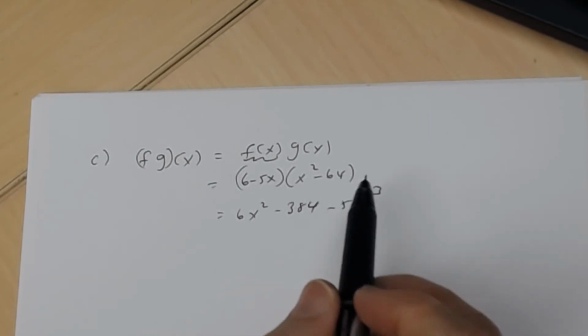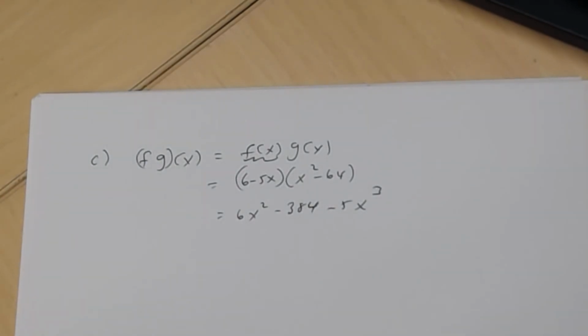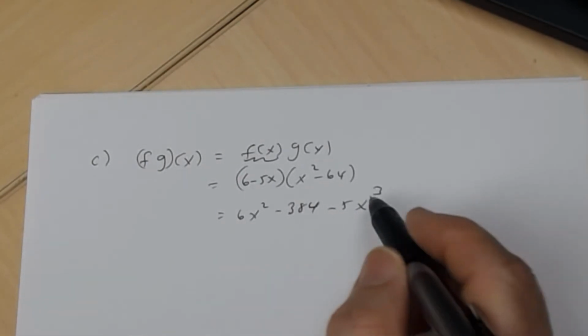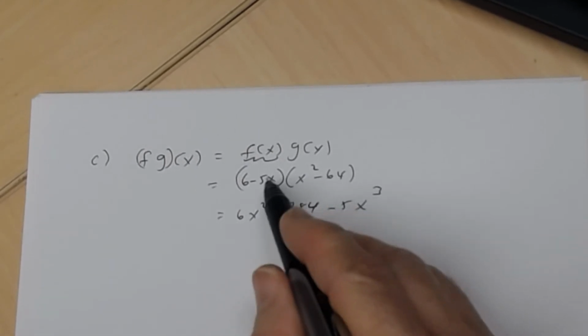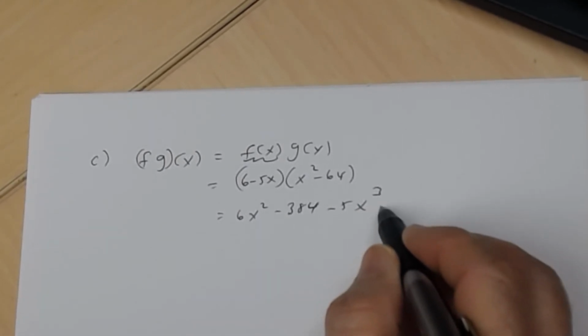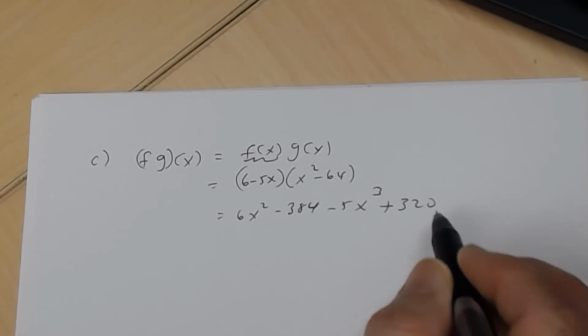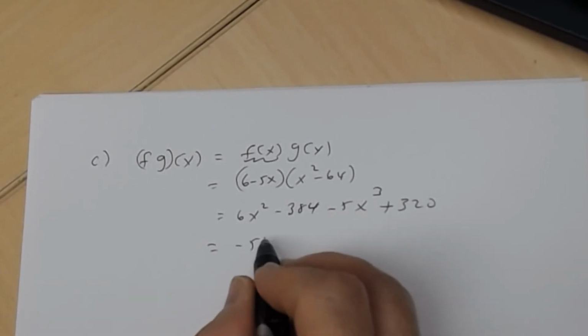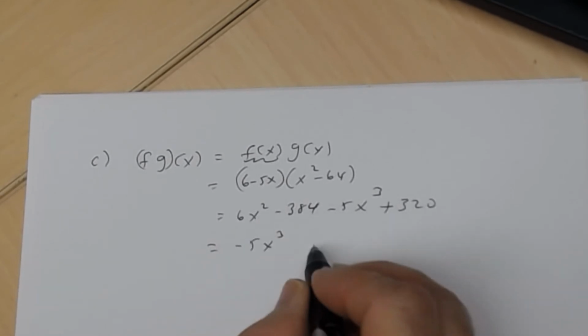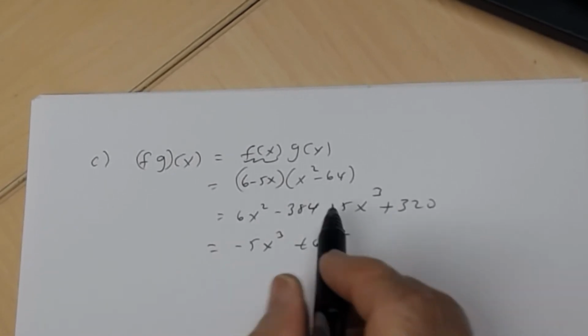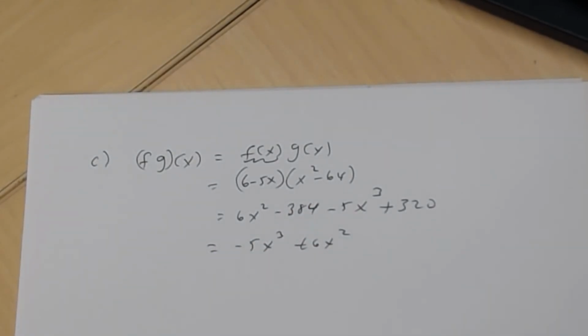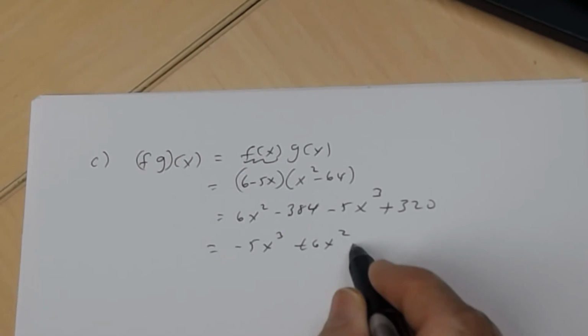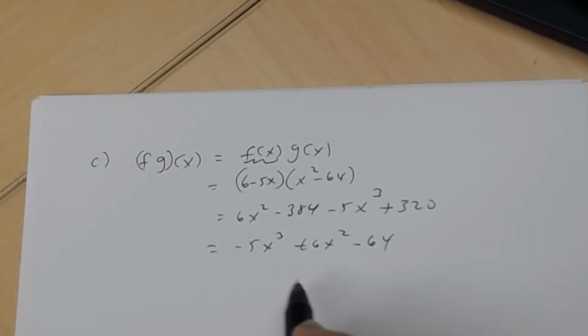And a negative 5 times a negative 64 is a positive, so it's going to be a positive 320. And putting that in descending order, I'm going to get negative 5x cubed plus 6x squared, and a negative 384 and a positive 320 gives me a negative 64.